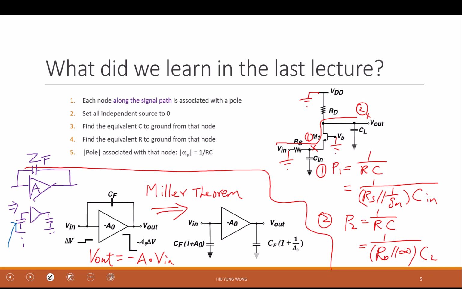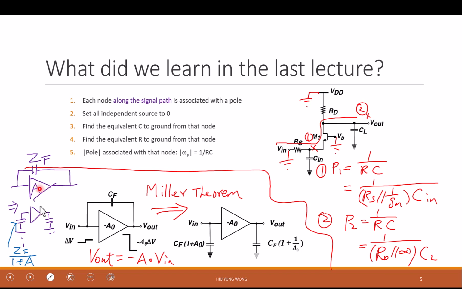We are talking about CF instead of capacitance. 1 minus A is correct, but I'm talking about impedance, not capacitance. So it should be CF divided by 1 plus A. Very good.